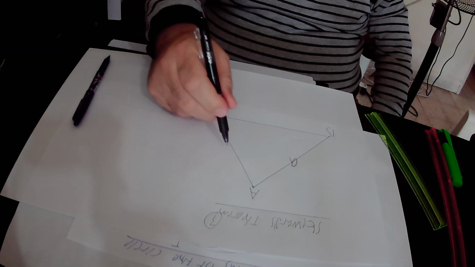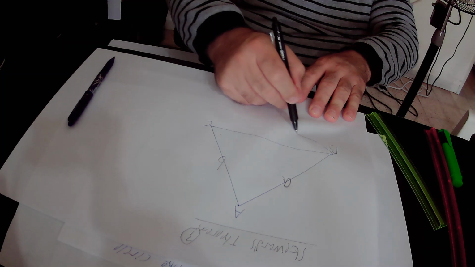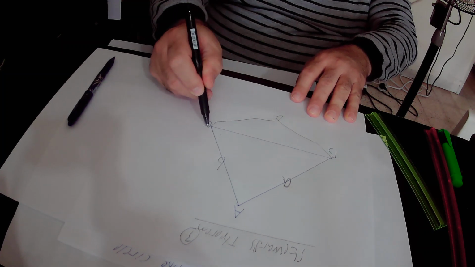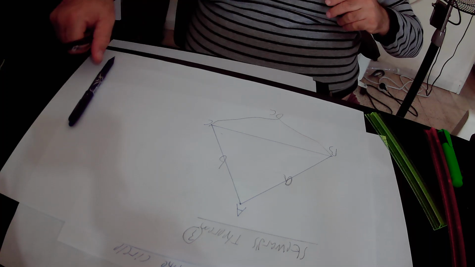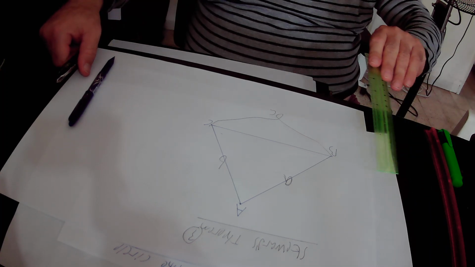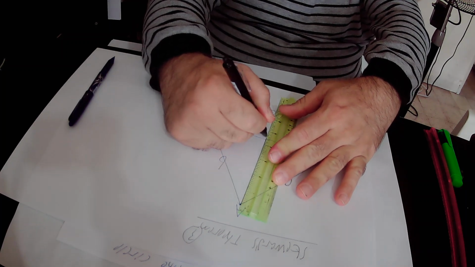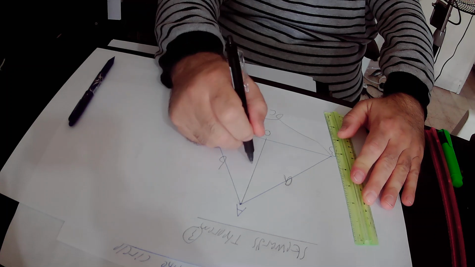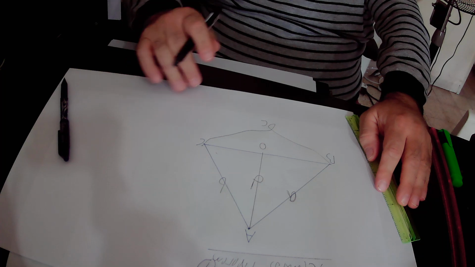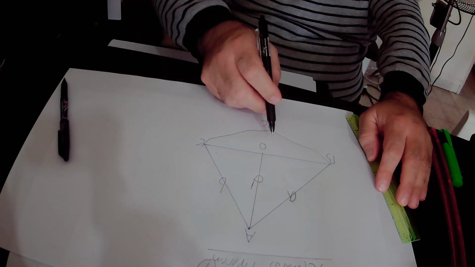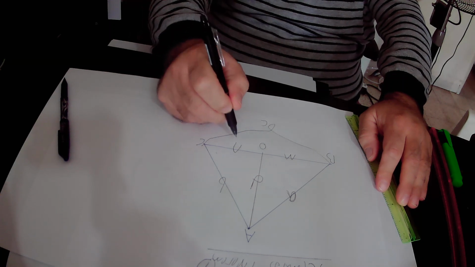Side AC equals b units in its length. And finally, side BC equals c units in its length. In addition, we have here line segment AO. This line segment equals d units in its length. And we also know that line segment BO equals m units in its length, and line segment OC equals n units in its length.